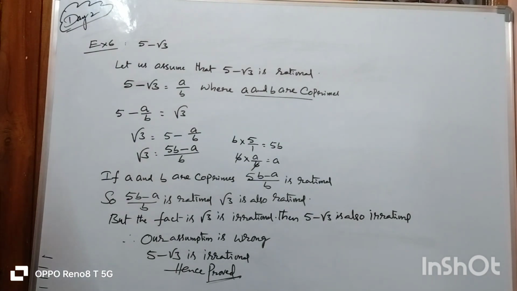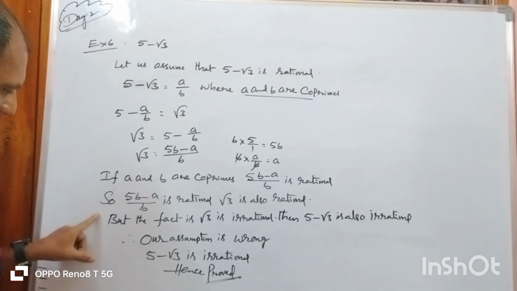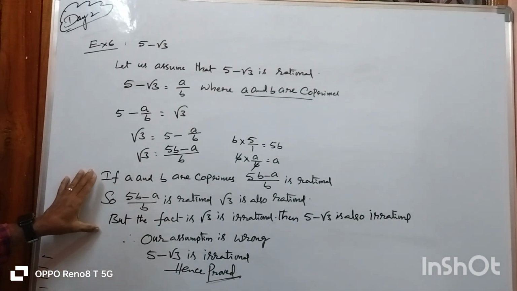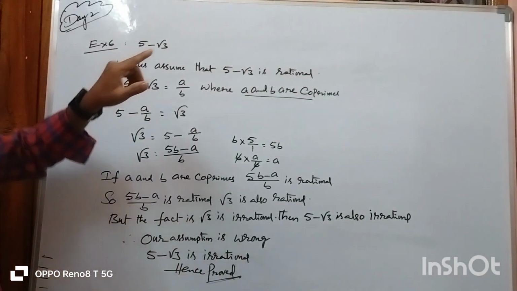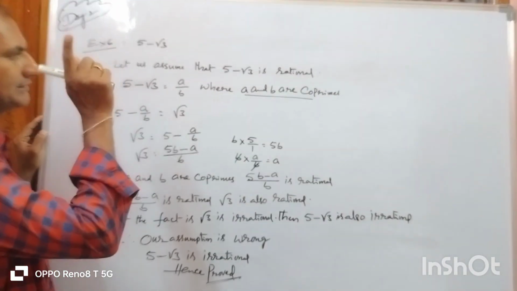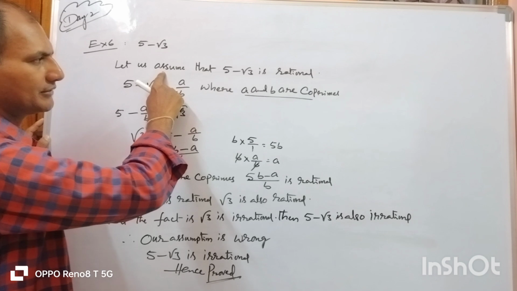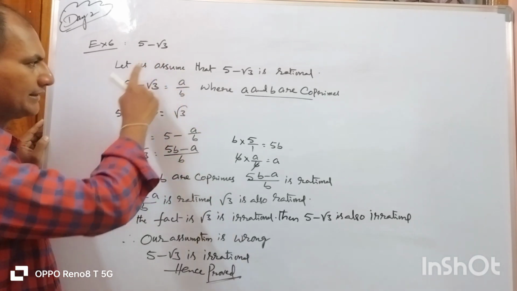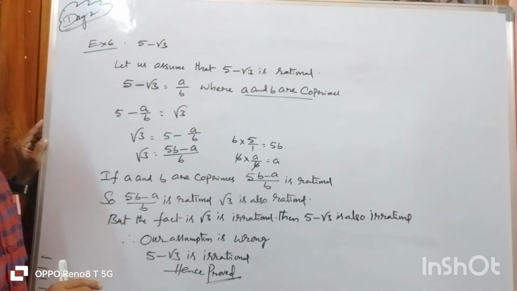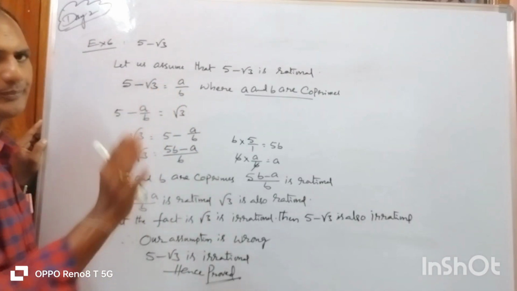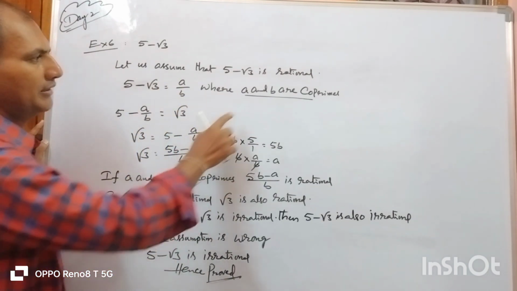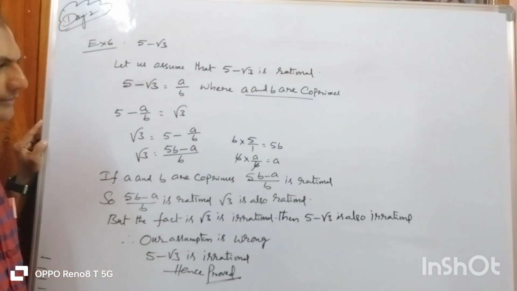So this is the 4 marks question. These steps must and should be learned. Once again, 5 minus root 3 is irrational. The first step is the assumption. The second step: we assume it is rational, meaning it is in the form of p by q, so I have written a by b, where a and b are co-primes.